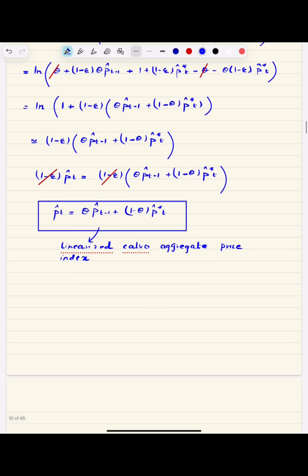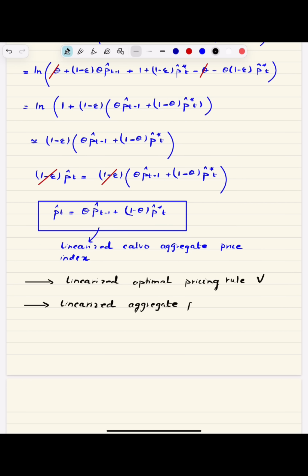What we've achieved so far is the linearized version of the optimal pricing rule, which is what we need in order to derive the Phillips curve. And we need the linearized aggregate price index, and we've done this as well.